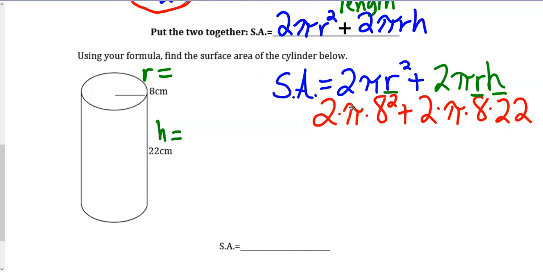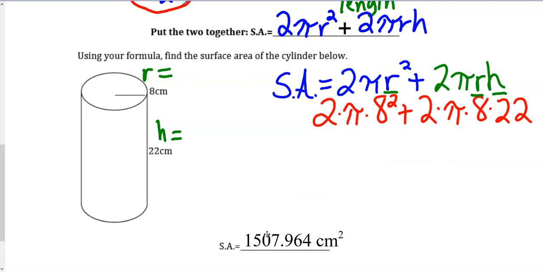So go ahead and write that down on your notes. From here, I can use a calculator, and I can put all this into my calculator. And if I do that, I'll get an answer of 1,507.964 centimeters squared. And that's going to be our answer.